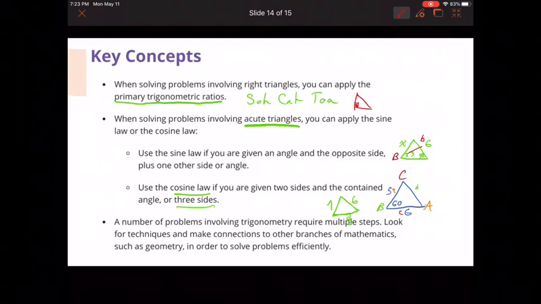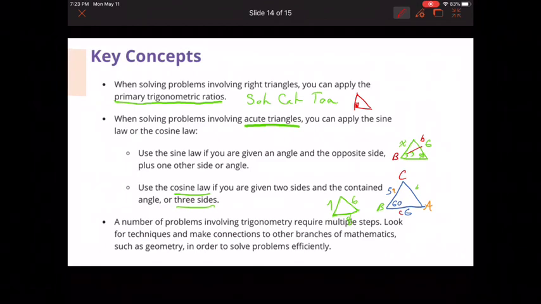A number of problems involving trigonometry require multiple steps. Look for techniques and make connections to other branches of mathematics such as geometry in order to solve the problems effectively. So we do need to know equilateral triangles are all equal sides, all equal angles.